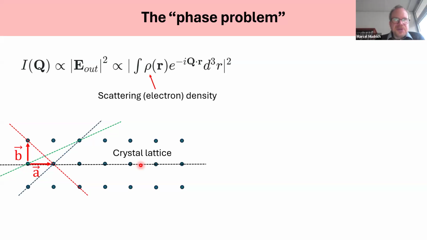What's the Fourier transform of a periodic structure? What's the Fourier transform of a Dirac delta comb? Any ideas?